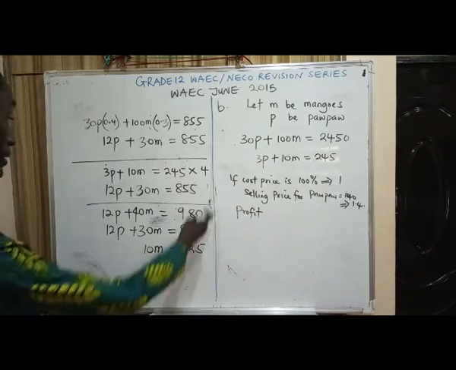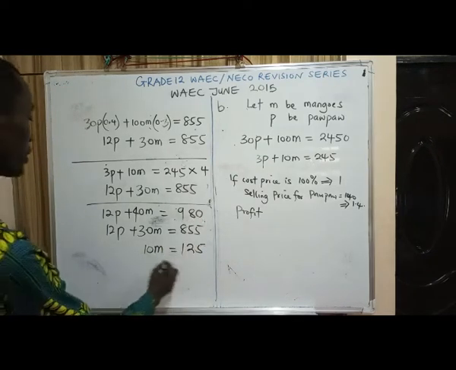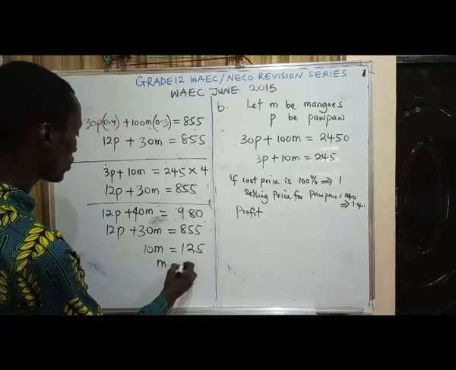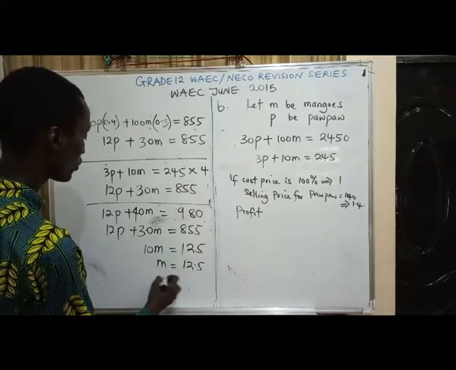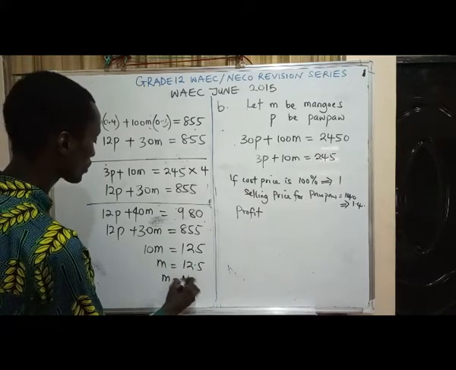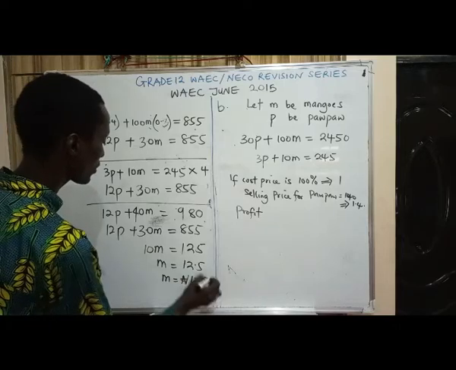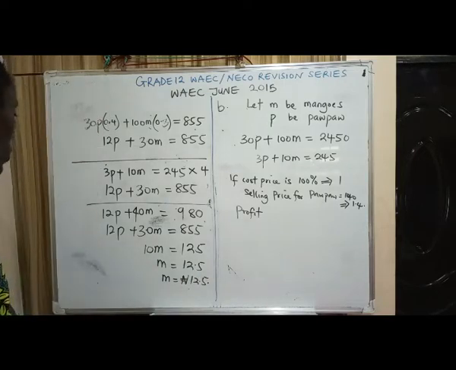I hope I'm right with that. And then m will be equal to 12.5, which is like saying m is equal to 12 naira 50 kobo, if we got that analogy right.